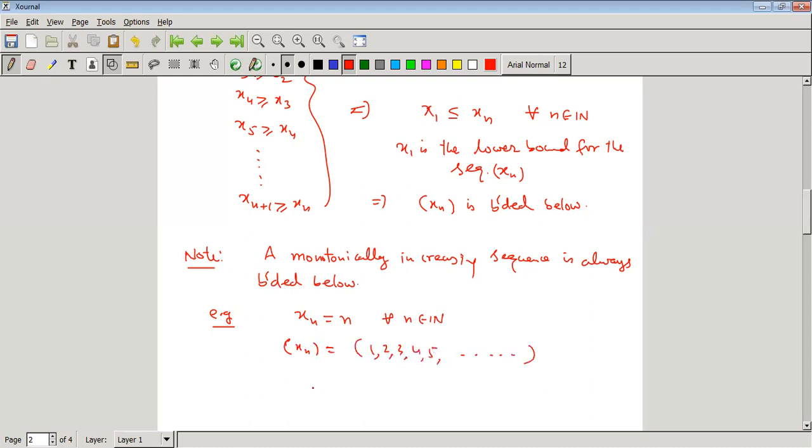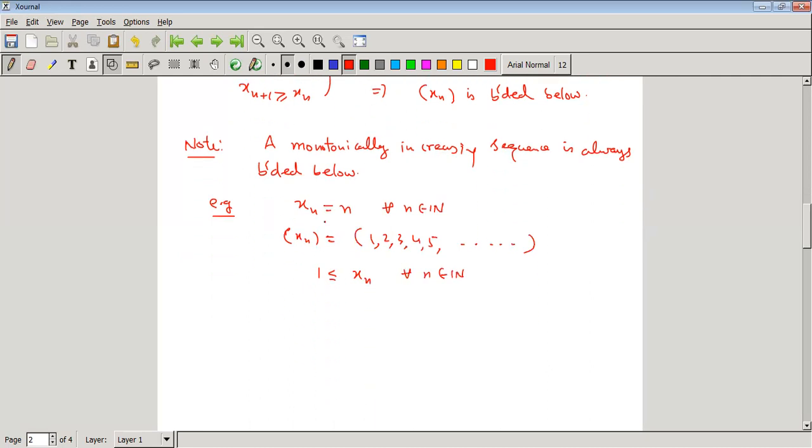So we can say 1 is less than or equal to xn for all n. All the terms of the sequence are greater than or equal to 1. It means 1 is the lower bound for xn, so xn is bounded below. You can also discuss the same example, xn equal to n squared, n cubed, and so on.